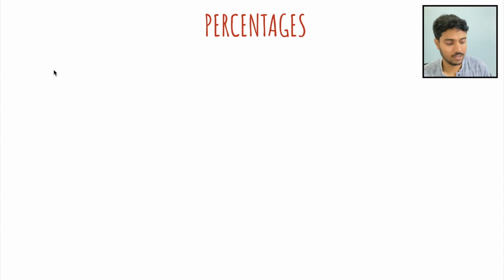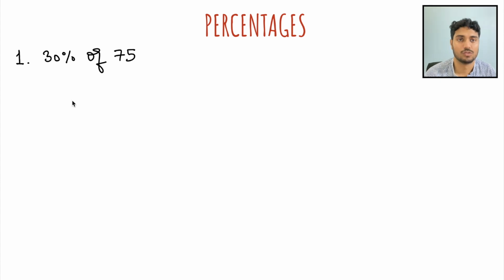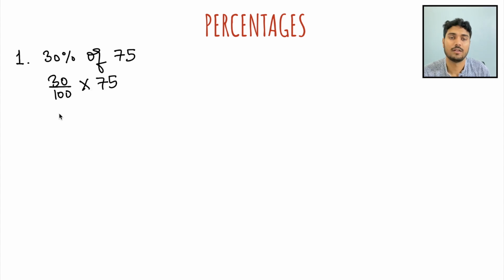Let's say we have to calculate, for example, I'll mark this as the first one, 30% of 75. First we have to understand the language. 30% can be written as 30 upon 100, "of" means multiplication, and then 75.